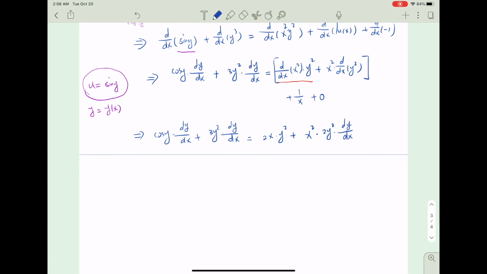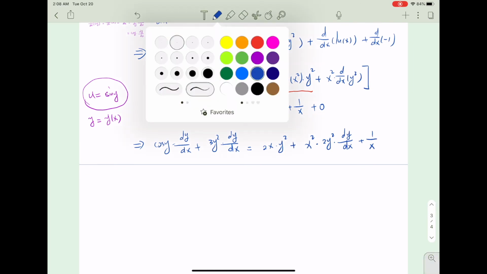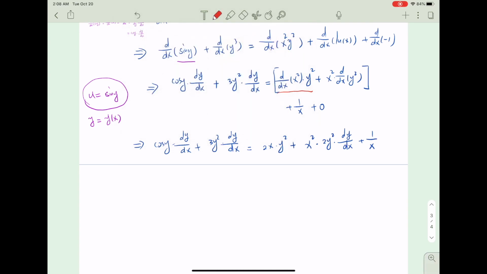We don't know what the second layer is. We don't know its derivative, and we're using the chain rule to find this out based on the equation we have. So now we have everything ready, we just finished our differentiation. Now the second step, the next thing to do, is to collect these terms.